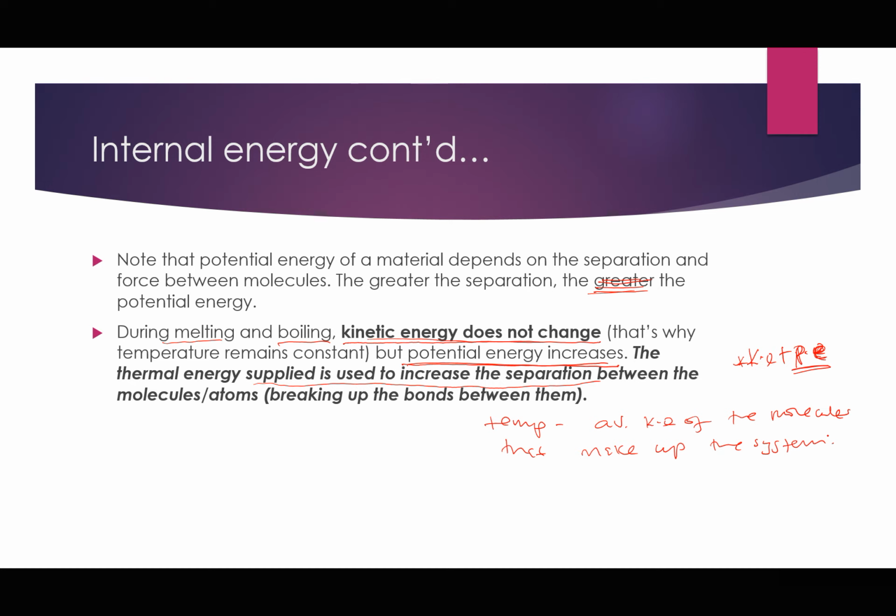And you will notice that the temperature of a substance does not depend on how many molecules are present in the system. However few molecules are present, the temperature does not depend on the number of molecules. However, it will always depend on the average kinetic energy of the molecules present in the system.